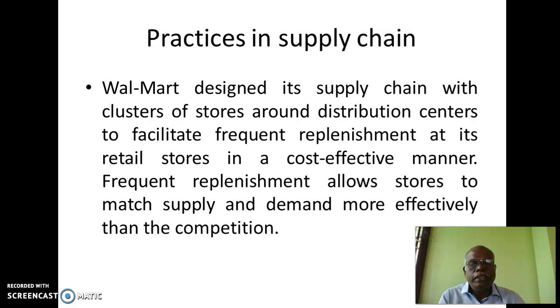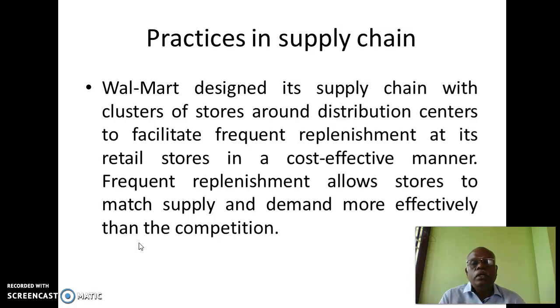So when you see the practices in supply chain, Walmart designed its supply chain with clusters of stores around distribution centers to facilitate frequent replenishment at its retail stores in a cost-effective manner. So frequent replenishment allows stores to match supply and demand more effectively than the competition.